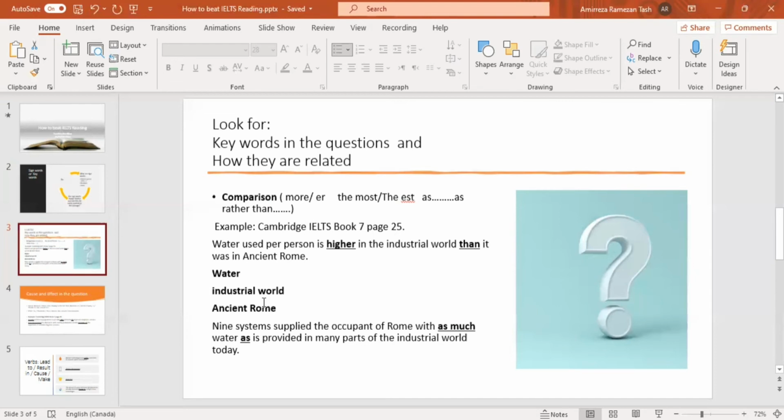But in the text, definitely we are not going to find the exact words, except for those words which are not going to be paraphrased or have no synonyms. We can say water has no synonyms. So what we can find in the passage is the sentence: 9 systems supply the occupant of Rome with as much water as is provided in many parts of the industrial world today.